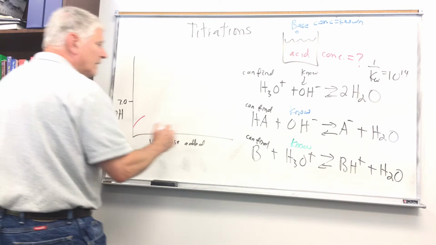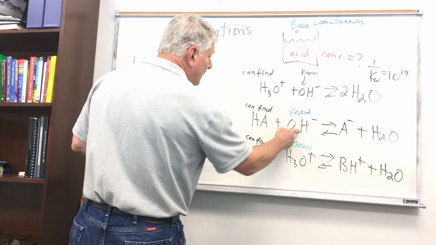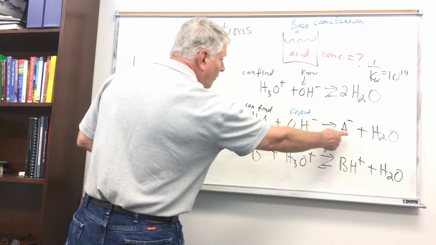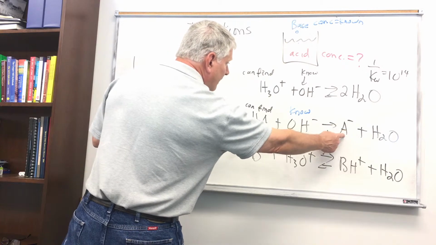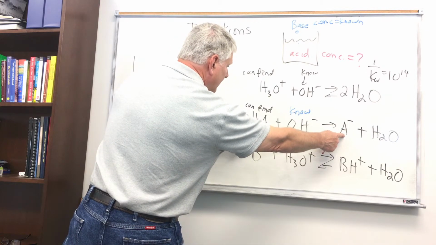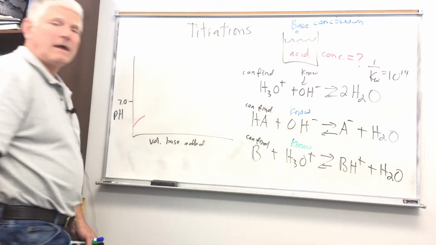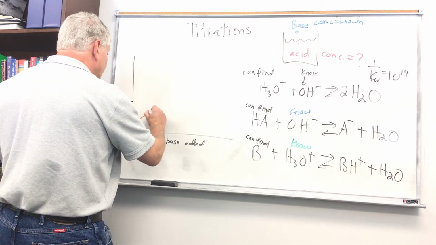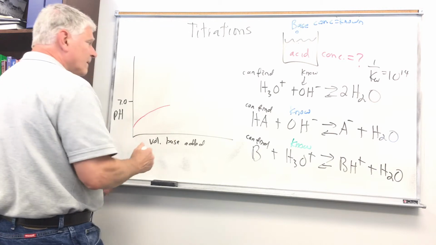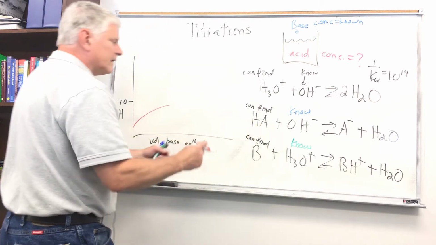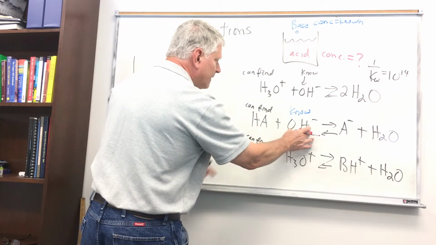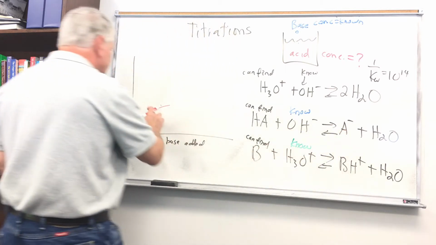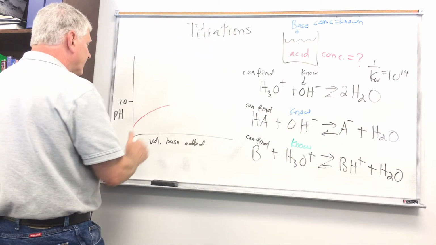But then as we add more and more OH, we form A minus. So now we have the conjugate base and its acid together at the same time. So what we've done is we formed a buffer solution. So as we keep adding more base, since we have a buffer solution, the pH is not changing very much.